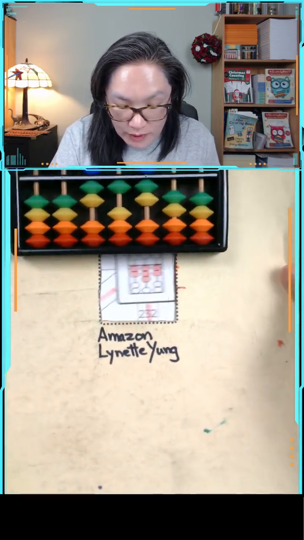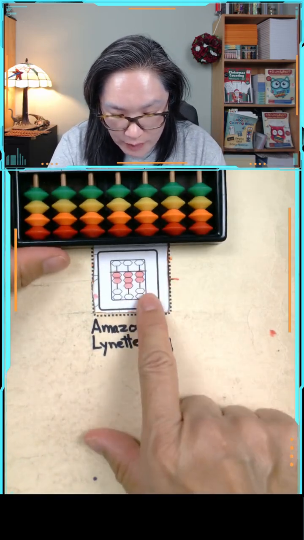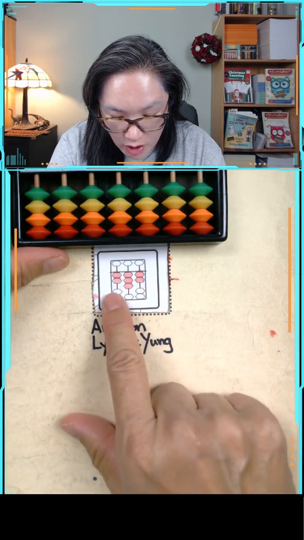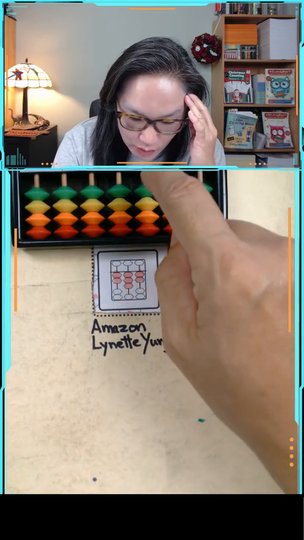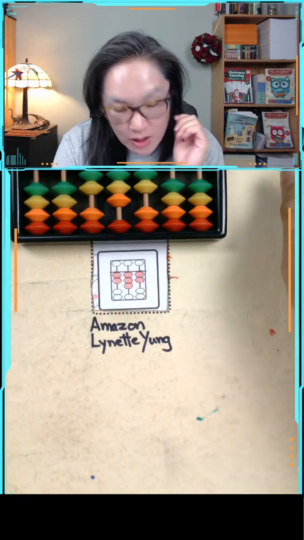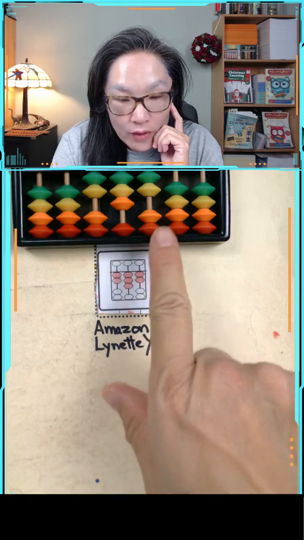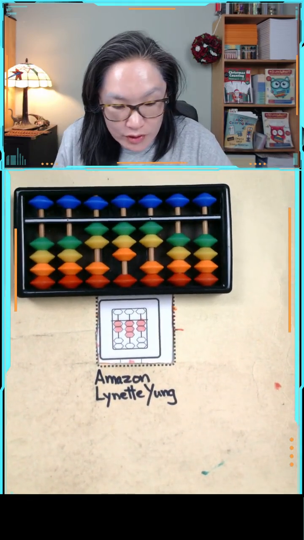We have our next number. Let's try this one. So it's a 3-digit number. Why is it 3? Because there's 3 columns. Each column has a number, and each number is represented on the abacus. This is our ones, our tens, and our hundreds. Oh, I can't see that. So what number do you think this is?